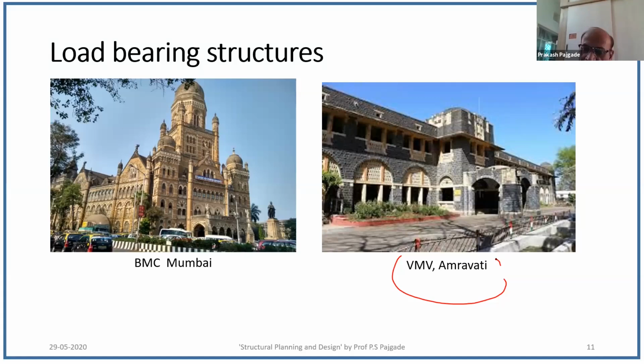Say for IIT buildings also, within a span of 30-40 years, there are problems. So some strengthening measures are required. So at the time of construction of buildings, we must think about the life, and a suitable type of building must be considered so that it has a higher life.